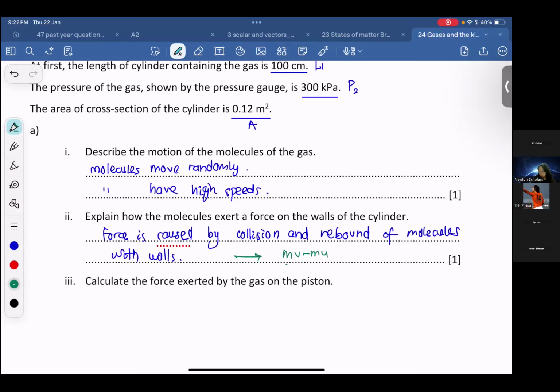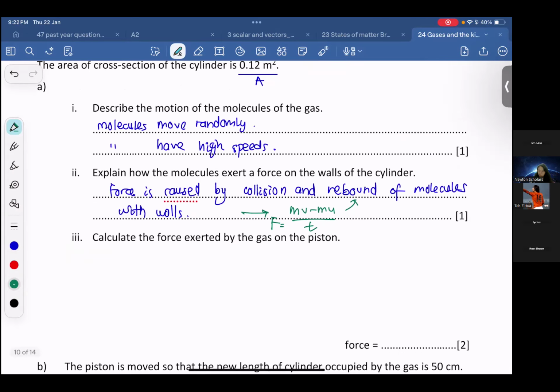Change of momentum per time, this is force. Why is there force? Actually it is because of hit and rebound, so we produce change of momentum. Rate of change of momentum, that is force. Then force acting on the area, that is pressure.